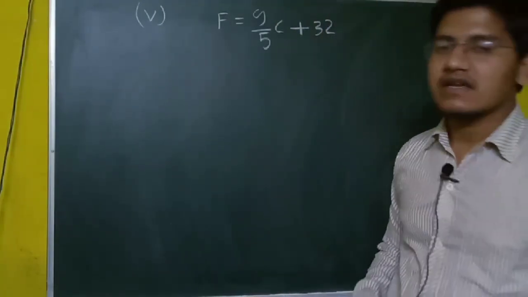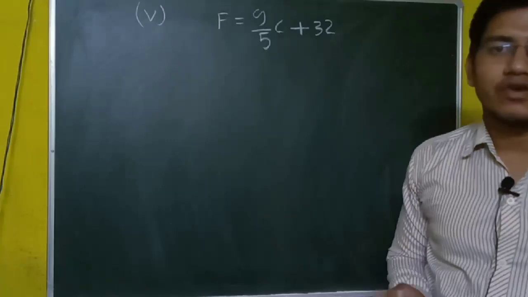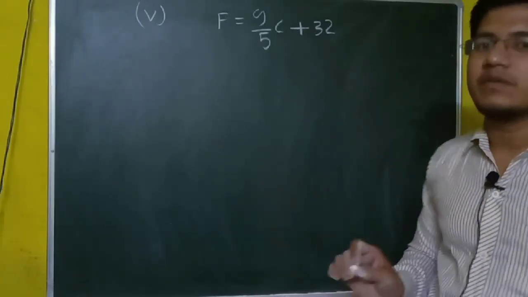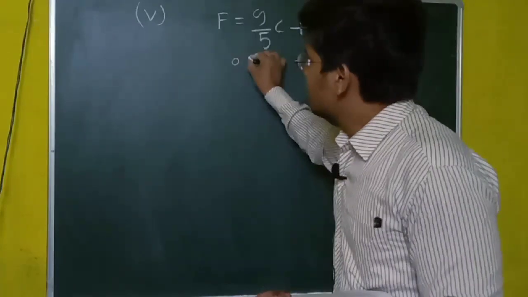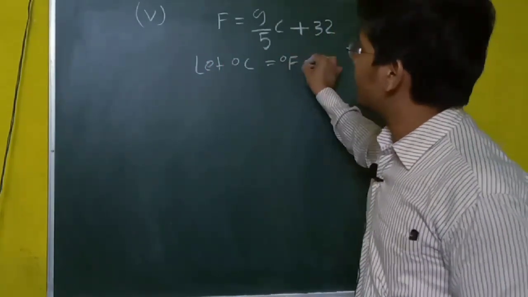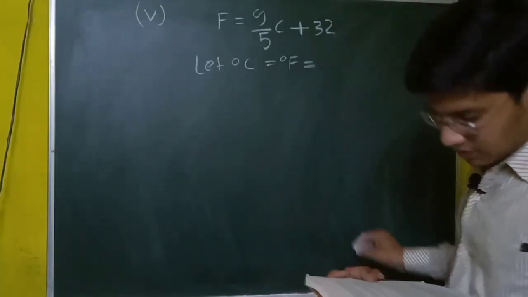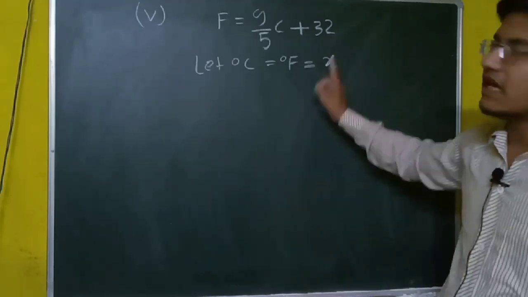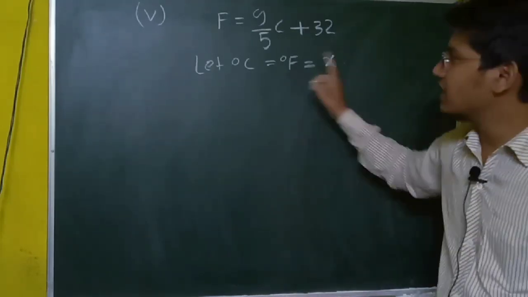They are asking us, is there a temperature which is equal in degree Celsius and degree Fahrenheit both? So let degree Celsius equal to degree Fahrenheit equal to X. Let us assume that both the temperatures are equal and they are equal to X.